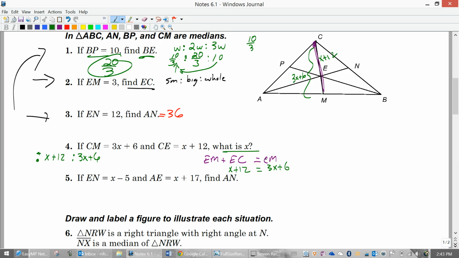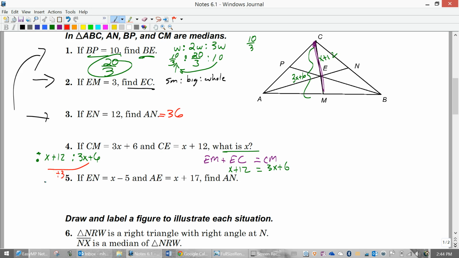To do that, we need to go back to what it means to be related in terms of the ratio. How is the small one related to the big one? Small one is 1/3 the size of the large one, right? That makes sense? So if we take the whole one and we divide it by 3, we can get the small one, can't we?